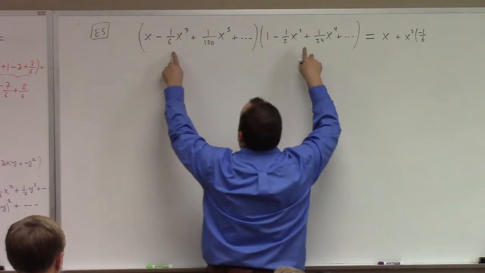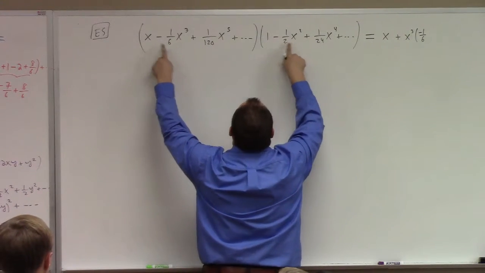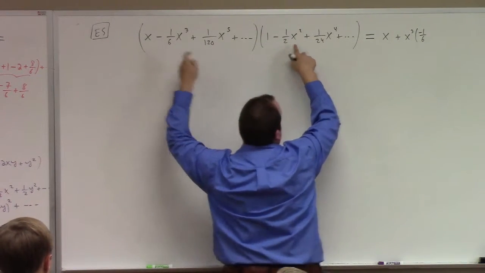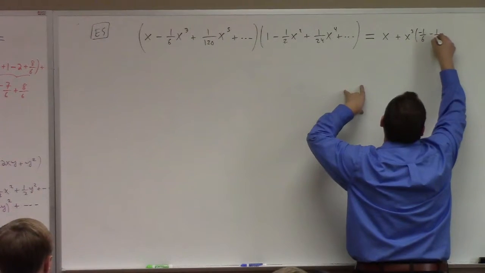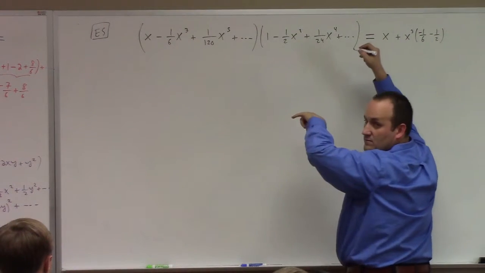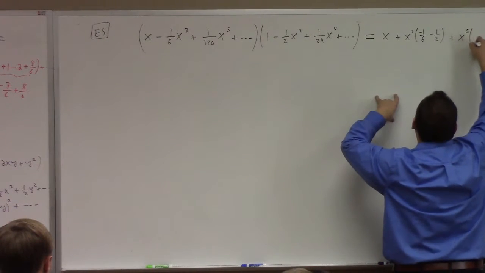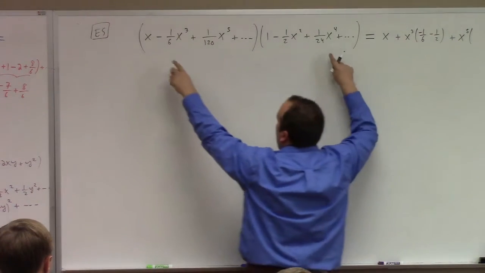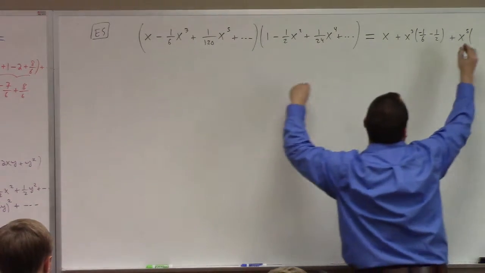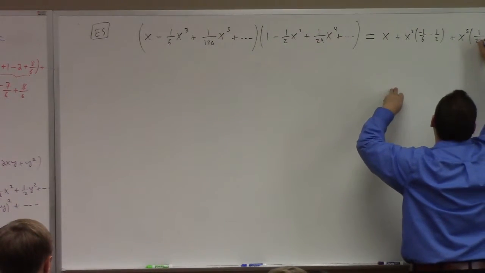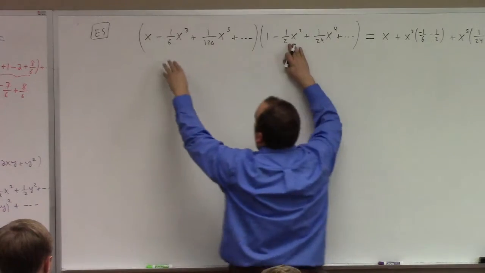Where else do we get x cubed from? Oh, this, and this, right? So minus 1/2. Anything else? Is that it? And then x to the 5th, what do we got for x to the 5th? 1/24, right? And then what else?